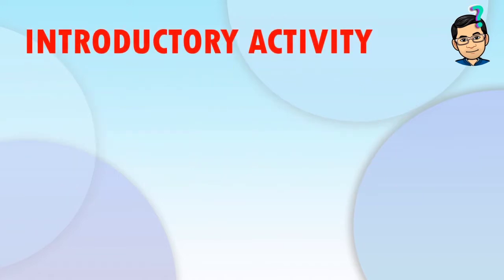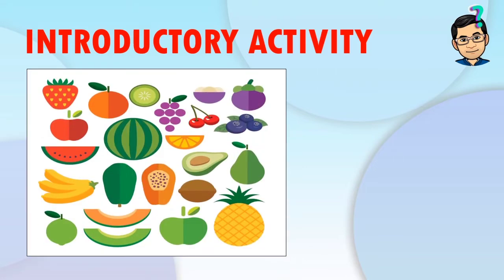So let's have a short introductory activity. So ang gagawin lang po natin dito is to identify kung anong mga sets ang ipapakita kong larawan sa inyo. So base po yan sa observation nyo. So for the first figure, kung makikita po natin dyan, meron tayong orange, grapes, watermelon, apple, banana, pineapple.